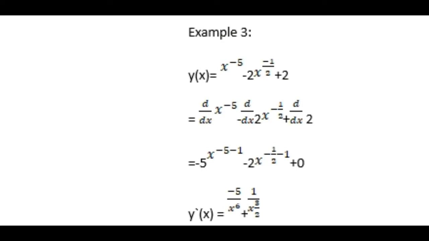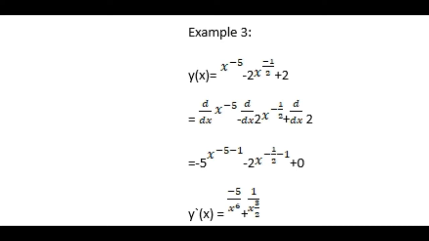So next is to use the constant times function. y prime of x equals negative 5x raised to the power of negative 6 minus 2 times negative 1/2 x raised to the power of 3 over 2, because negative 1/2 minus 1 is equal to negative 3 over 2.